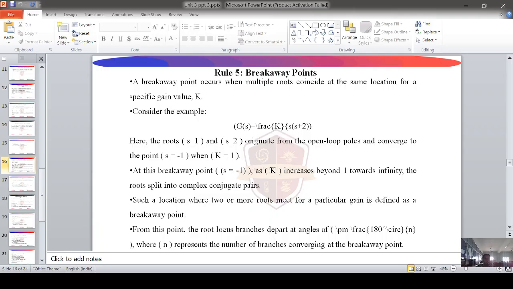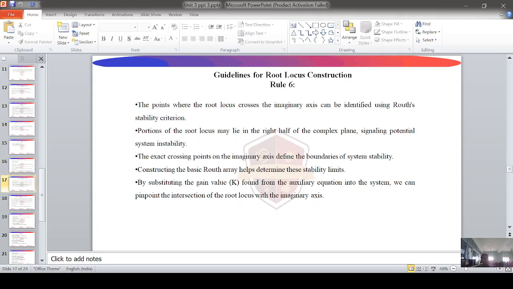At this breakaway point, s equals minus 1; as K increases beyond 1 towards infinity, the roots split into complex conjugate pairs. Such a location where two or more roots meet for a particular gain is defined as a breakaway point.